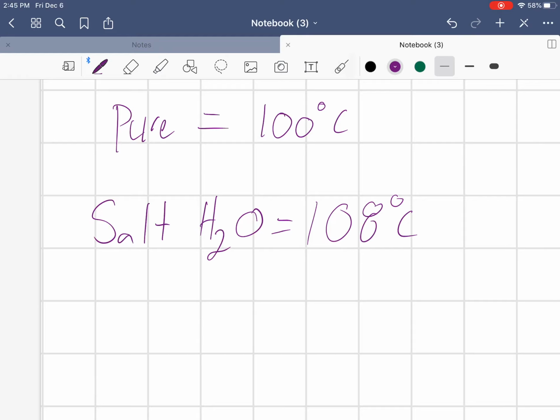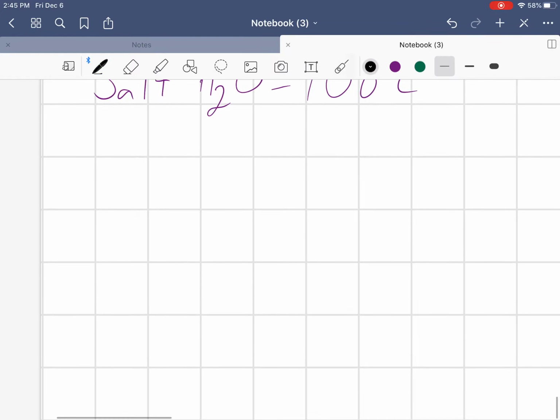Now, the next question asks, why does salt water boil at a different temperature? Now, this has multiple reasons. Well, not multiple reasons, but it has a longer explanation. And it starts with remembering the different ways that atoms bond together to form molecules. If you remember, there are two different forms of these bonds. There are covalent and ionic.